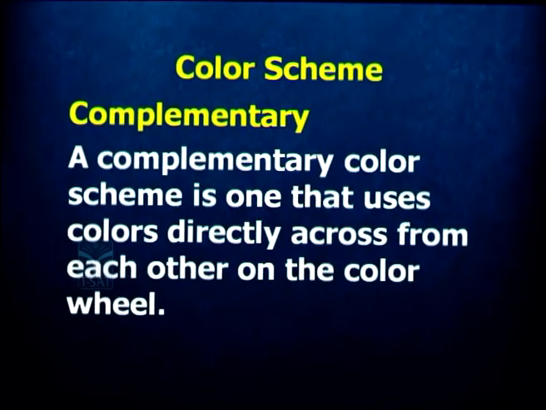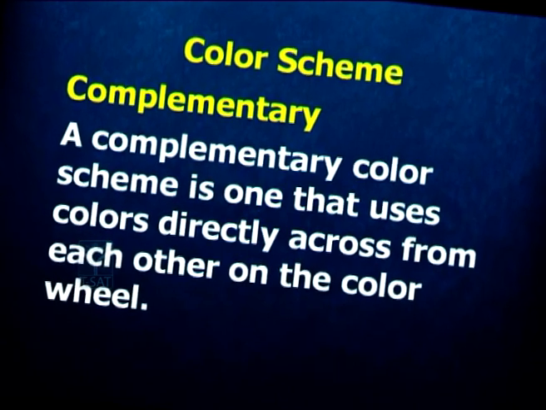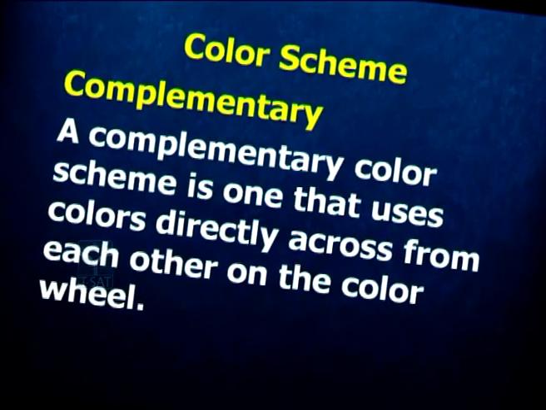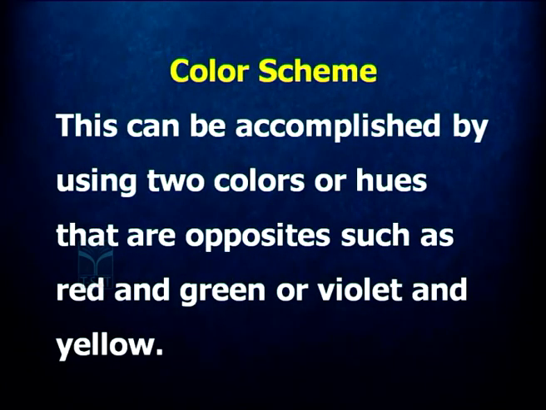Next is complementary colors. Complementary colors are nothing but contrast colors. Complementary colors can be seen opposite to each other in the color wheel. Any two colors that are opposite to each other in the color wheel can be considered complementary colors. For example, red and green, right.